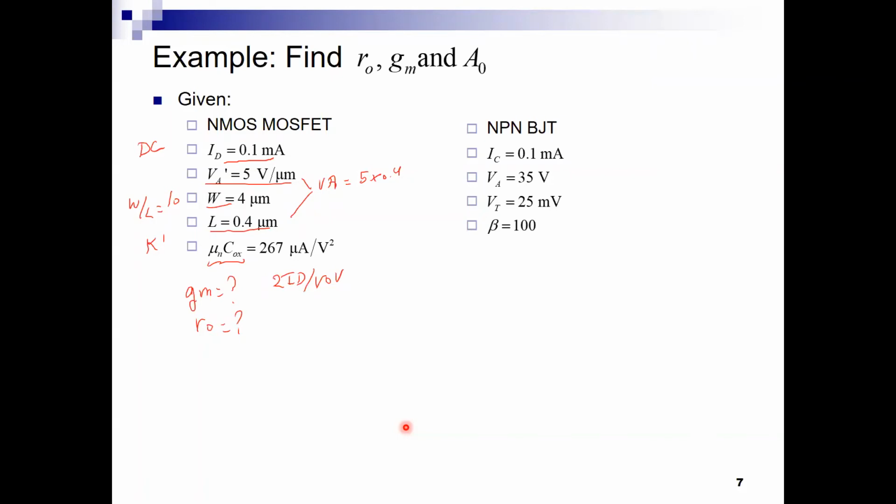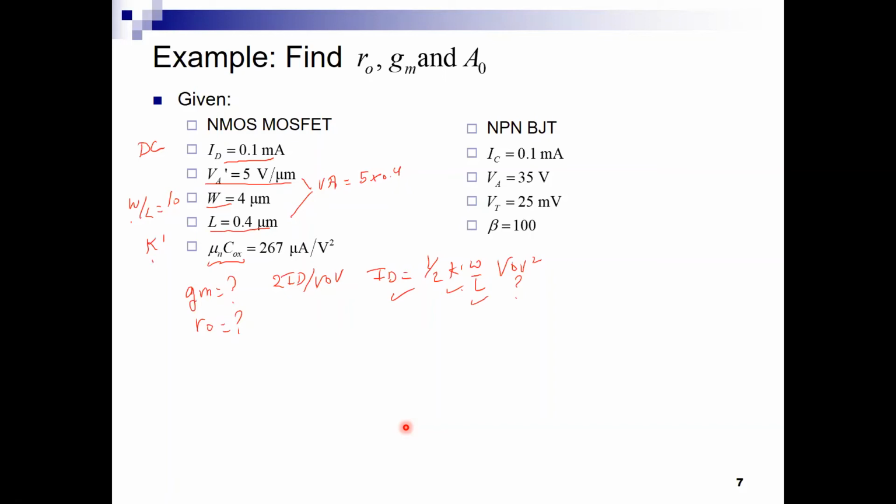Yes, we know ID is one half K prime W by L times VOV squared. I have K prime. I have W by L. I have ID. All of these are available for me, so I can solve for what VOV is. Great. From this, I can calculate the GM. We will see what the quantity is next on the slides.